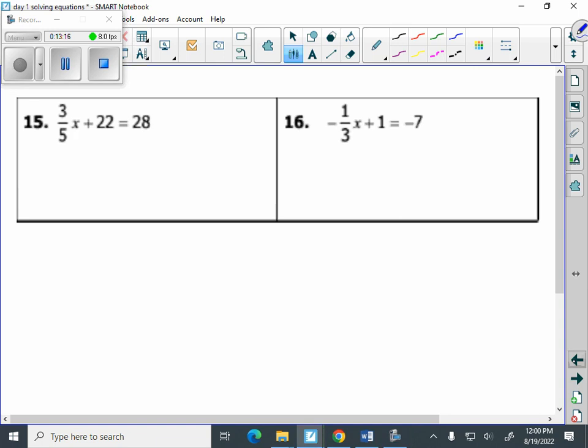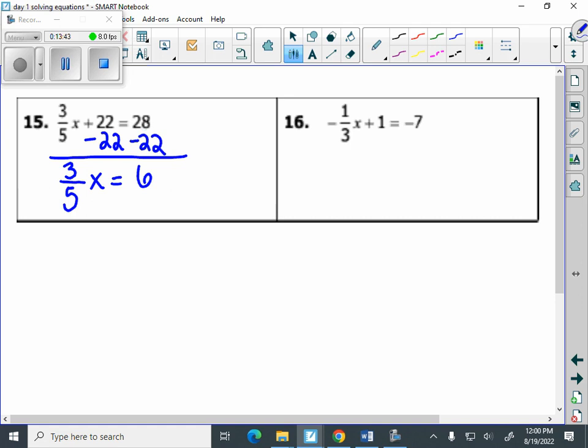As we finish, let's move the 22. We want to get the variable by itself. Subtract 22. And we have 3/5 x equals 6. 28 minus 22. And again, because we're using Desmos, I think we're more likely just to do the inverse operation rather than multiply by the reciprocal.